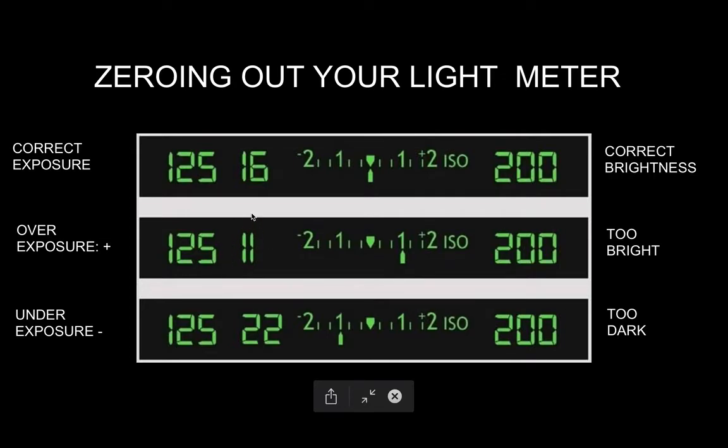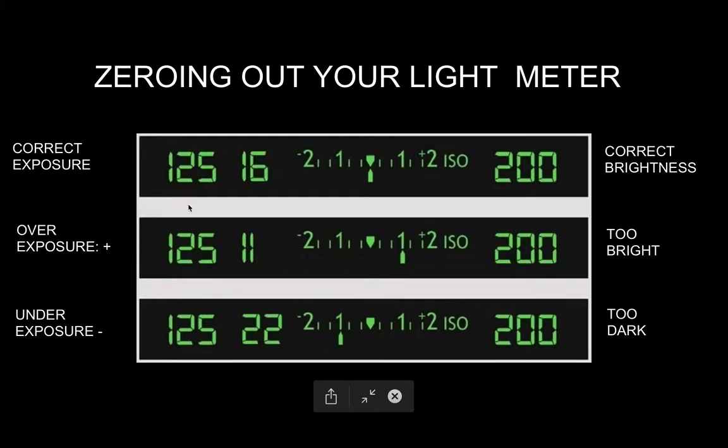If I was to increase my f-stop number and make that hole smaller, like f22, now I'm underexposed, right? I'm in the minus. Now you can recognize here that my ISO and my shutter speed stayed the same, and the only thing that changed here was my f-stop, right? I made a good exposure reading here, and then I let in too much light by opening the hole, and then I let in too little light by closing down the hole too much.